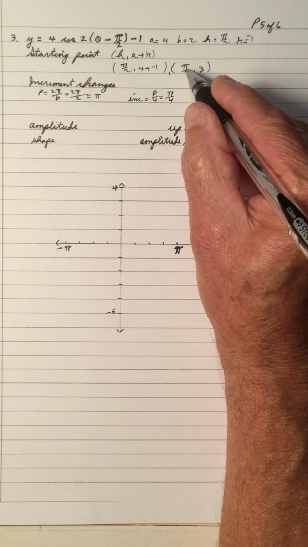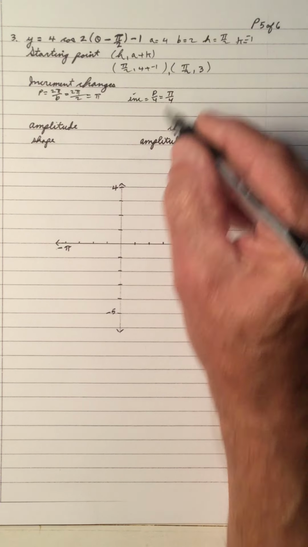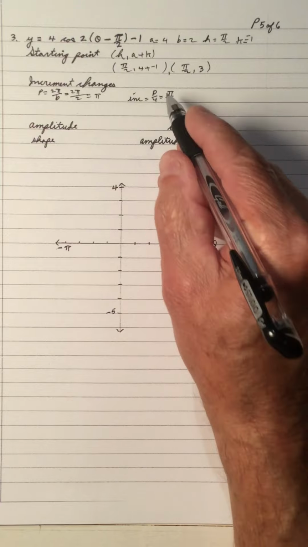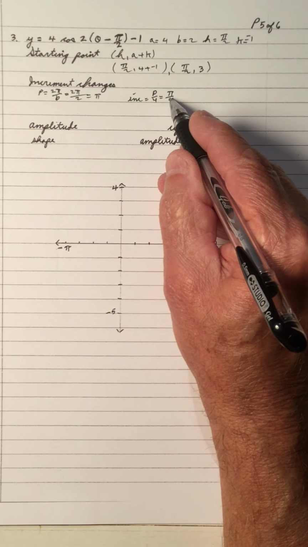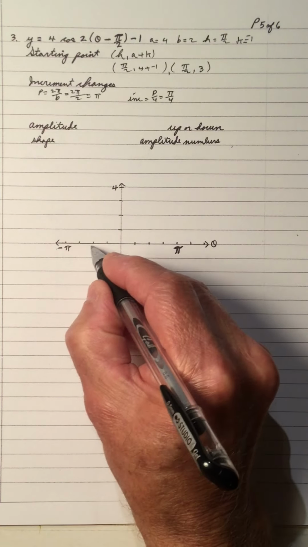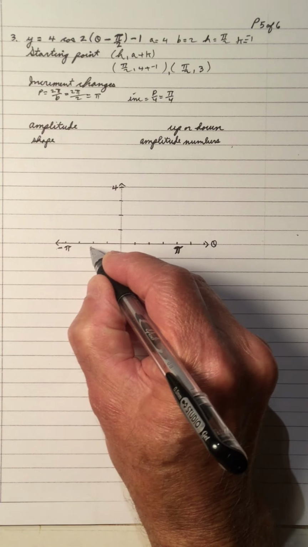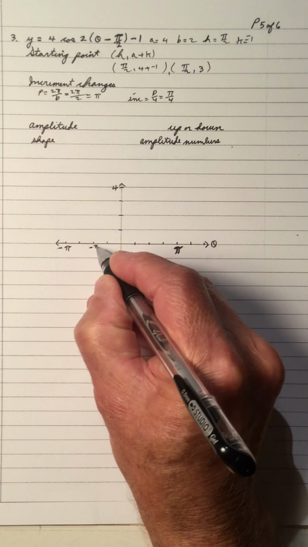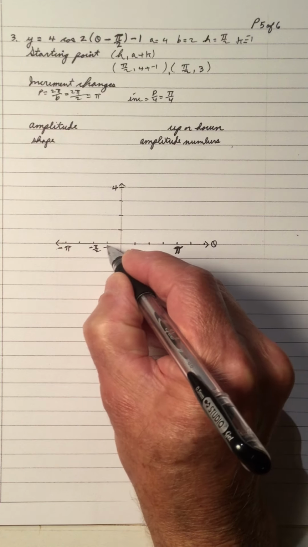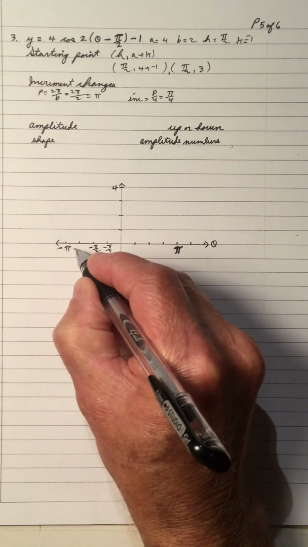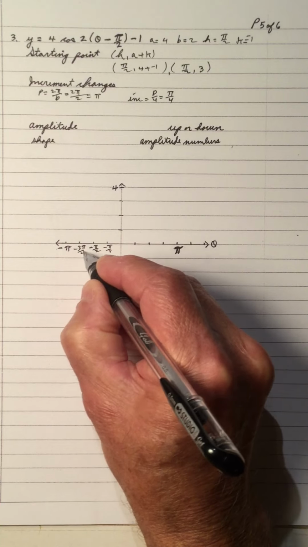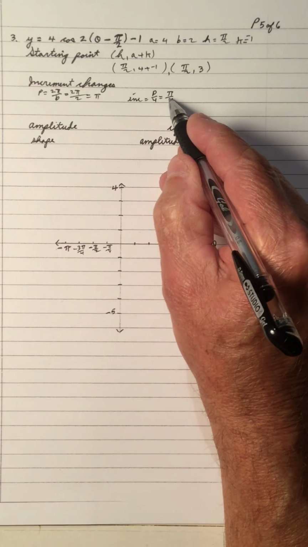So when we start at pi over 2, we're going with increment changes of pi over 4. So this is negative pi, this is negative pi over 2, this is negative pi over 4, this is negative 3 pi over 4, because we're thinking about pi over 4 as being a 45.